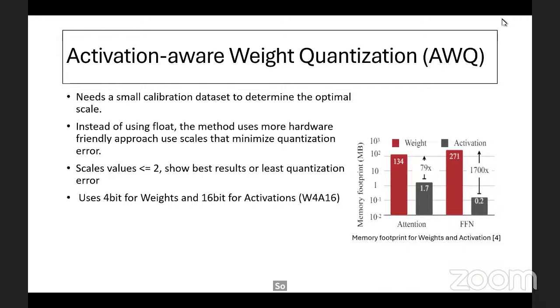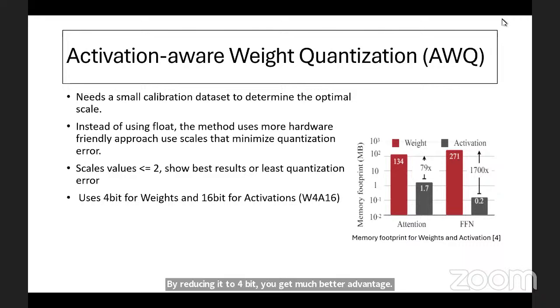So if you see, they have 4-bit for weight and 16-bit for activation. Essentially the thought process behind it is since weights contribute to a large portion of the overall network footprint or the memory size, by reducing them to 4-bit, you get much better advantage. You are essentially addressing the memory bottleneck challenges.